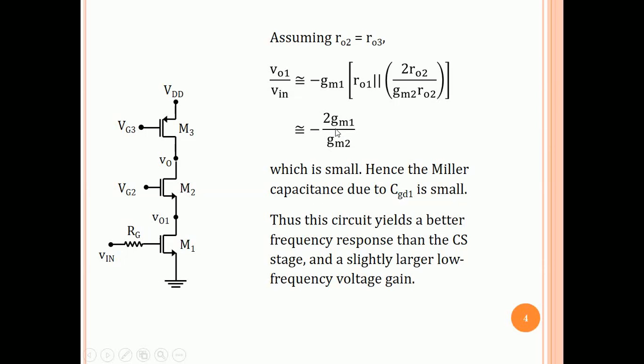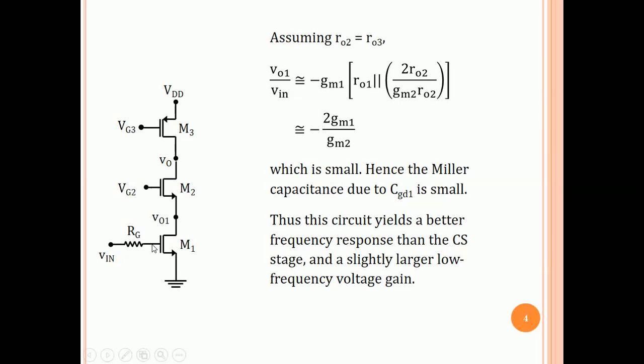What this means is that the Miller capacitance due to CGD1 is going to be small, because the gain from the gate to drain of M1 is small. This is the advantage of this circuit compared to a common source stage, because a common source stage has a large gain and therefore a large Miller capacitance.